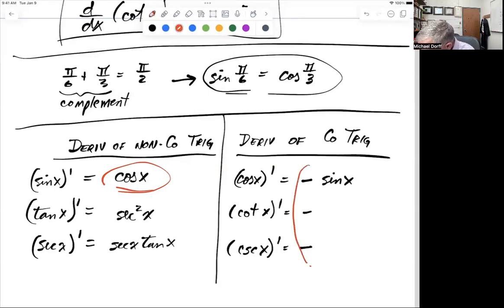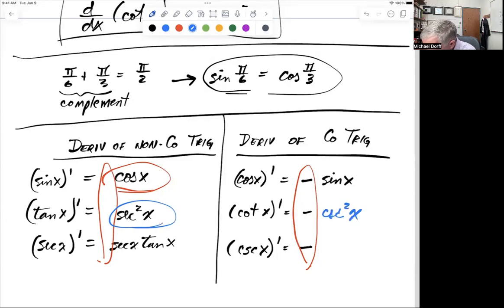All of these have negatives, while all of the non-co ones are positives. And I'm just going to take the co of its equivalent. So the derivative of tangent is secant squared, so when I take the derivative of cotangent, I go negative cosecant squared x. The derivative of secant is secant tangent.